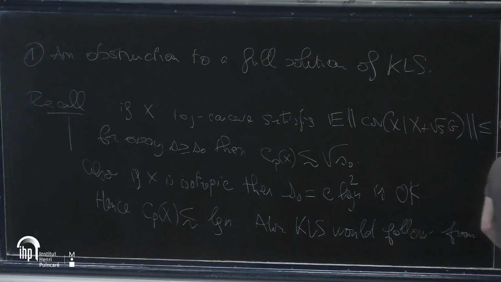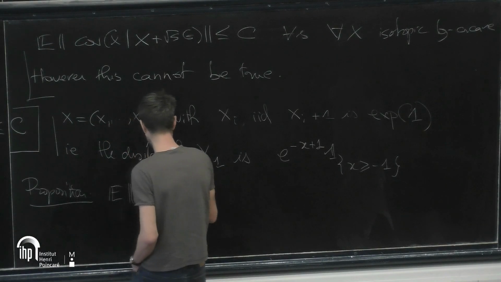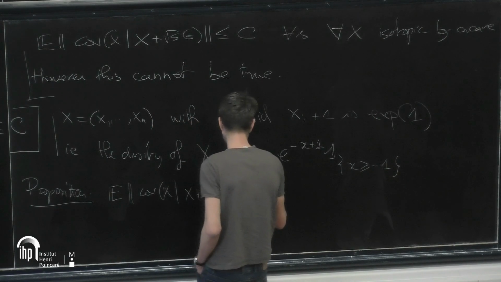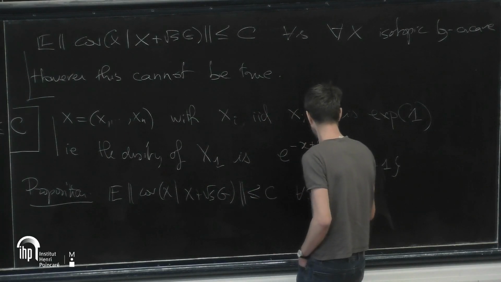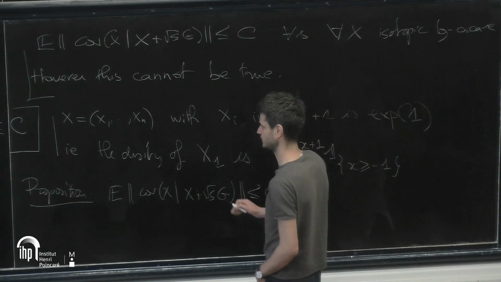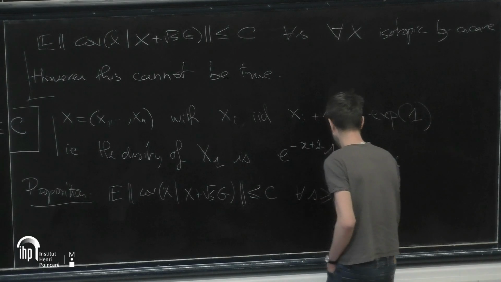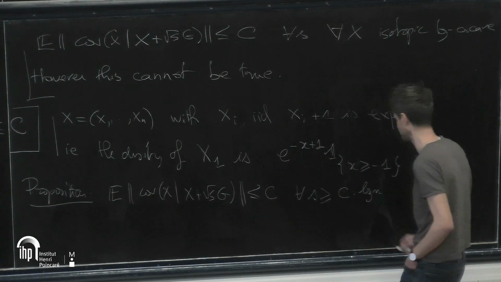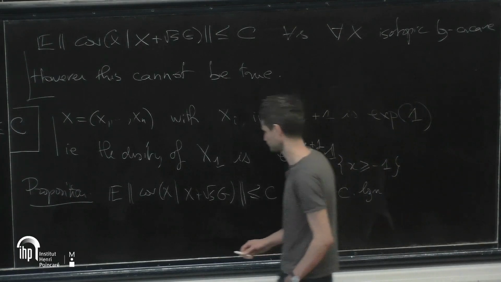I know that the covariance of x conditioned on x plus square root s g is less than some constant for every s larger than some sufficiently large constant multiple of log n. So it's slightly better. I can start from log n, not log n squared.